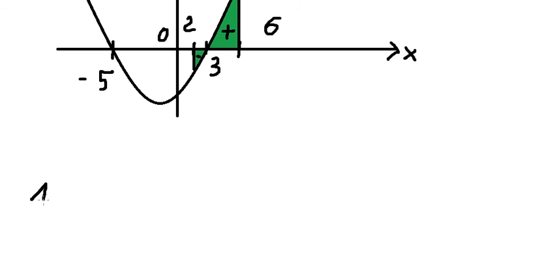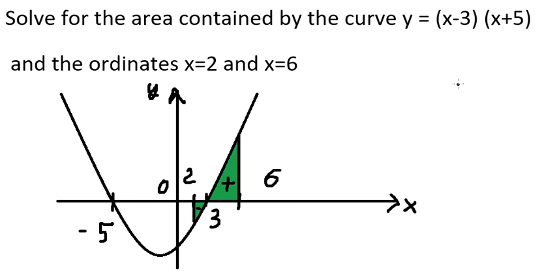So for the area from 2 to 3, because this is negative, we need to put the negative sign in here. And we have the integration from 2 to 3, and we have this function in here. First, we need to expand this one.